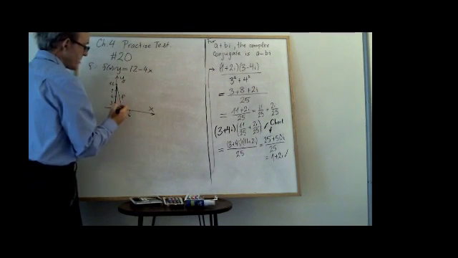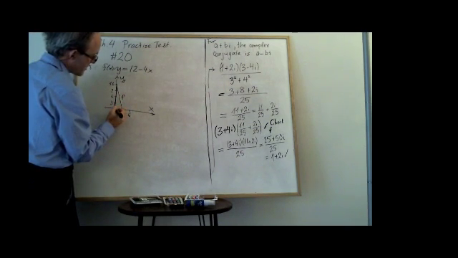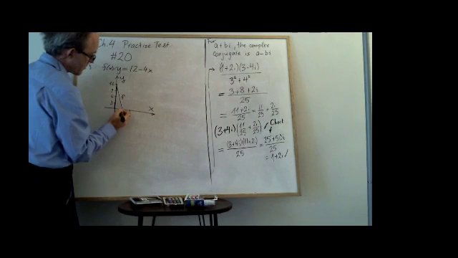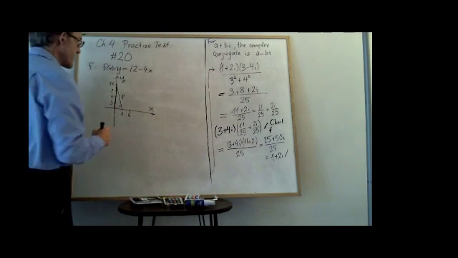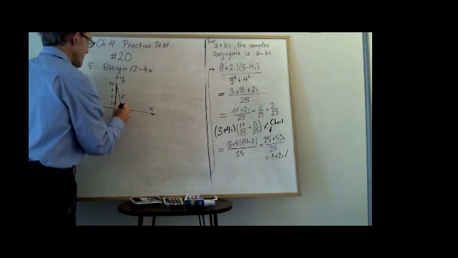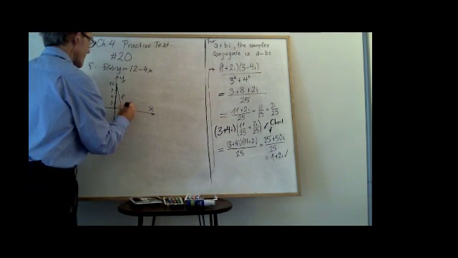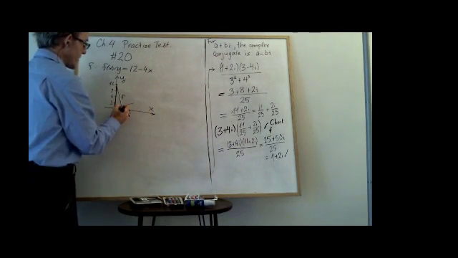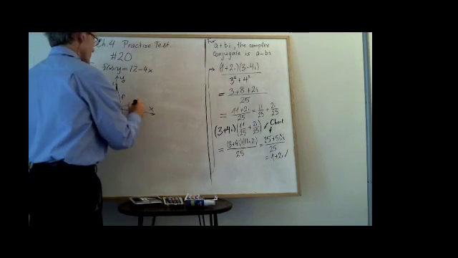The other line, g, is perpendicular to that line, but it's going through the origin, not through this point. Okay, so the graph looks like this. So this is the line G. I'll put a dotted line when it's outside of the triangle.